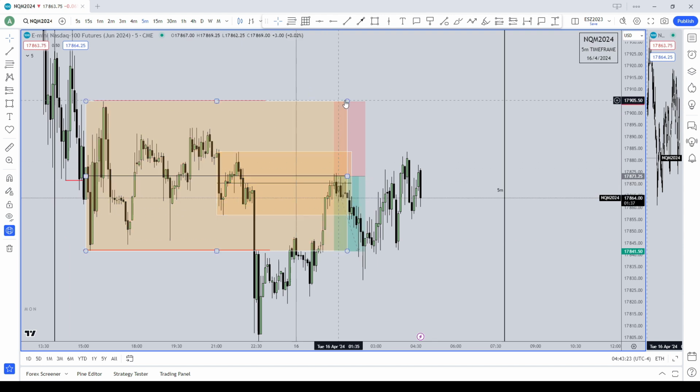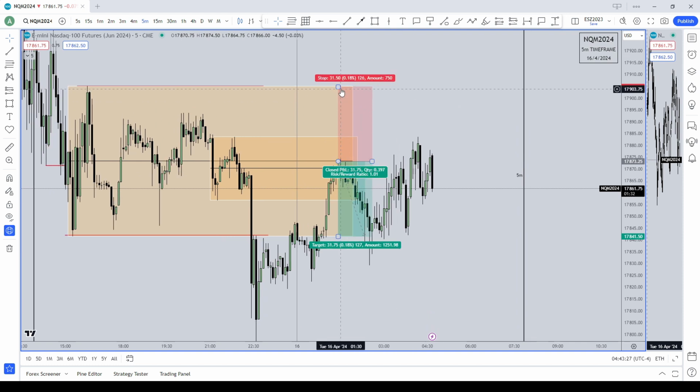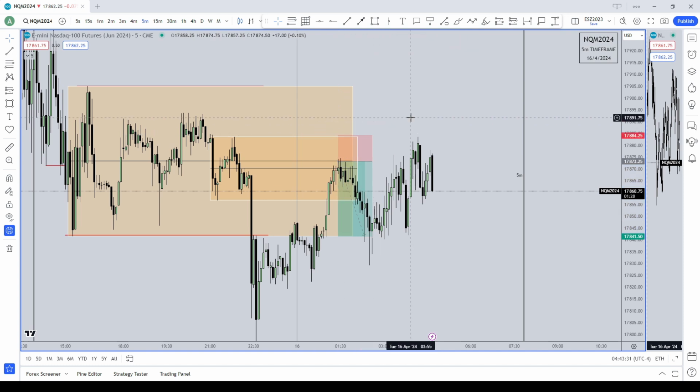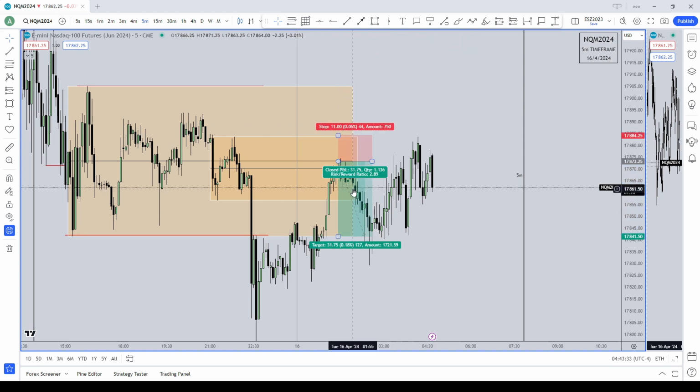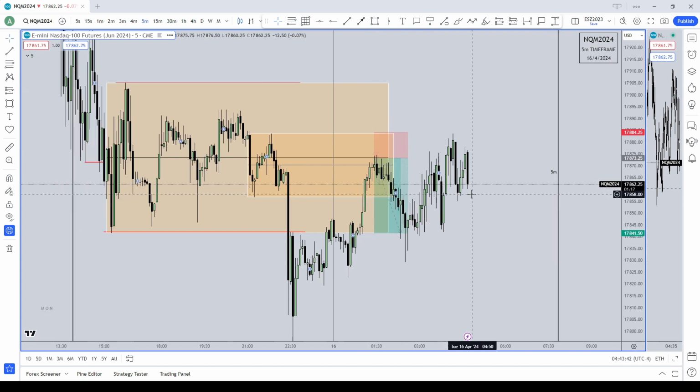Now your stop loss was 31 points, but now your stop loss will be 11 points. And it's not 1 to 1, but almost 1 to 3 risk reward. Look at that.